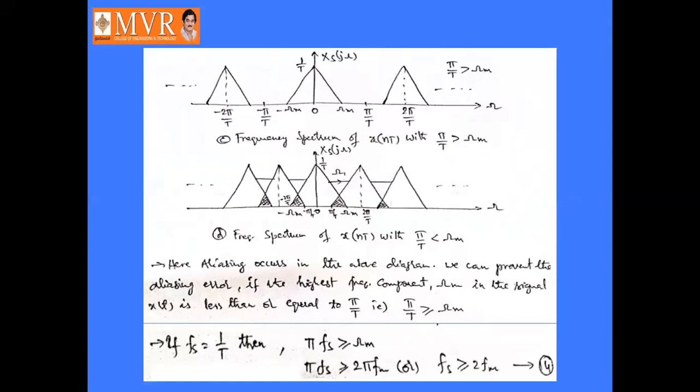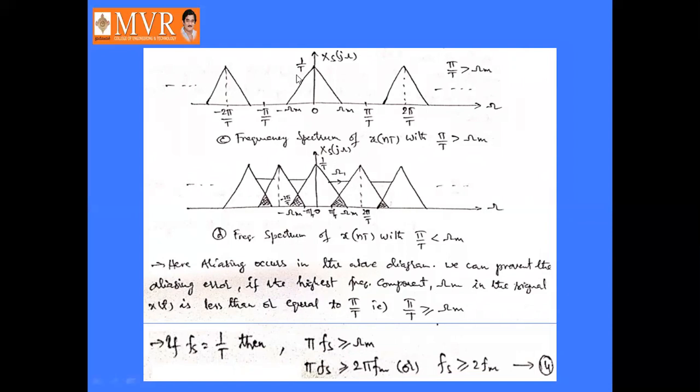Then in the third diagram, the frequency spectrum of x of nT with pi by T greater than omega m can be represented like this. And in the last case, the frequency spectrum of x of nT with pi by T less than omega m can be represented like this. So here some overlap will occur.